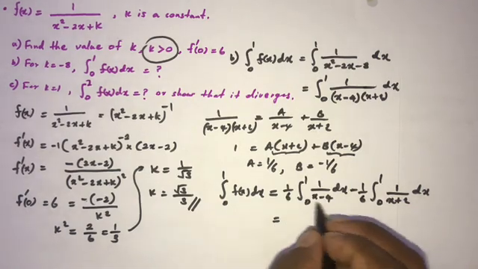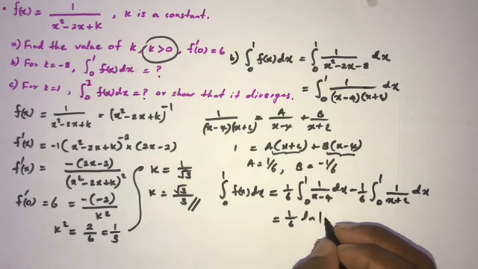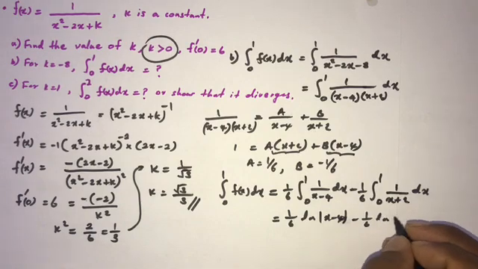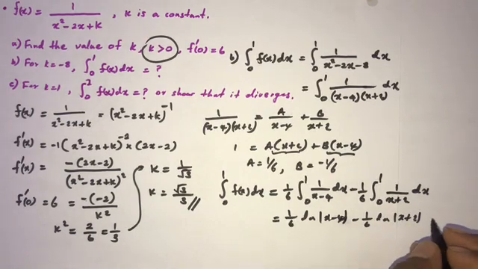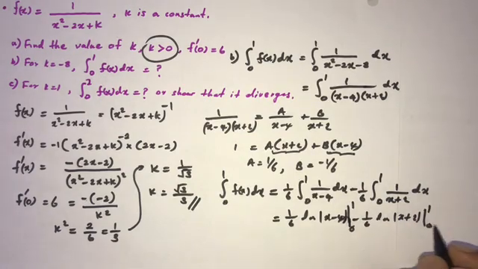Okay, then we know this is natural log, so 1/6 ln|x-4| minus 1/6 ln|x+2|, here from 0 to 1, here also 0 to 1.